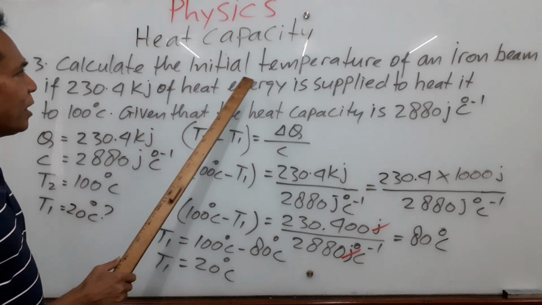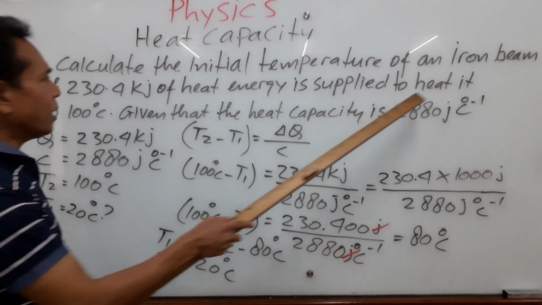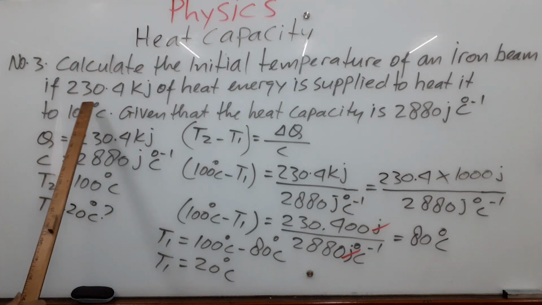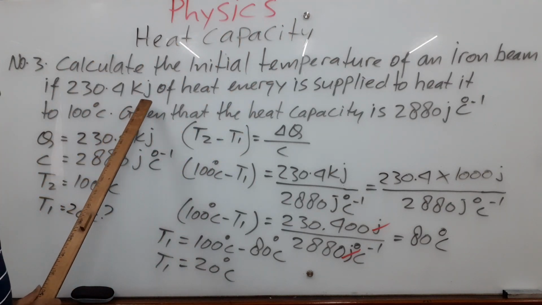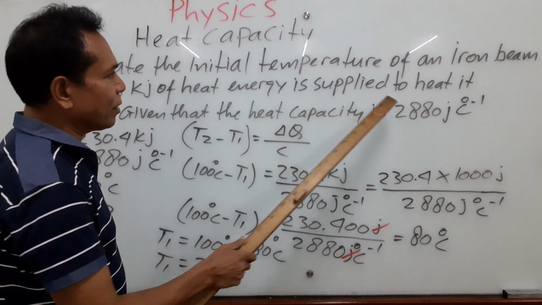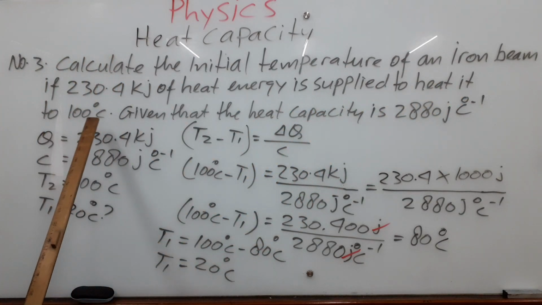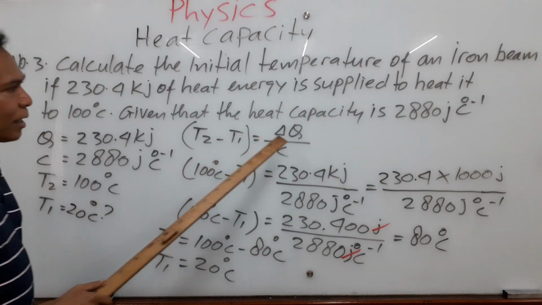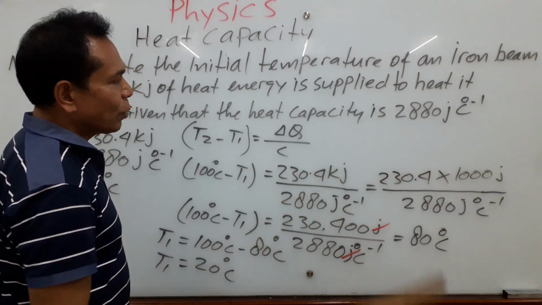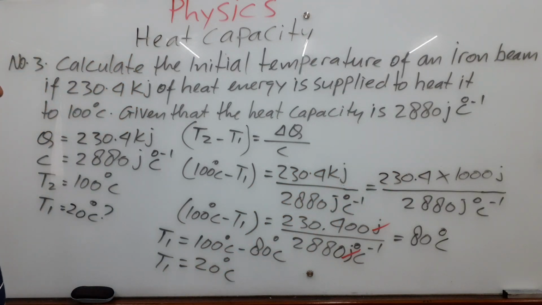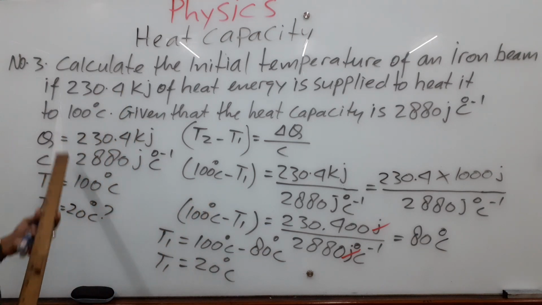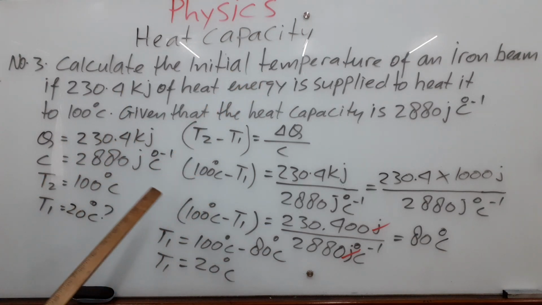Calculate the initial temperature of an iron beam if 230.4 kJ of heat energy is supplied to heat it to 100 degrees Celsius, given that the heat capacity is 2880 joule degrees Celsius power minus 1. Okay, we write down what we know from the question, in order to enable us to discover what we want to find out.